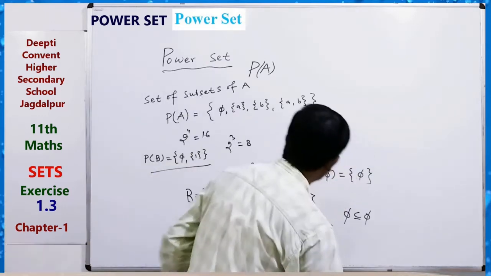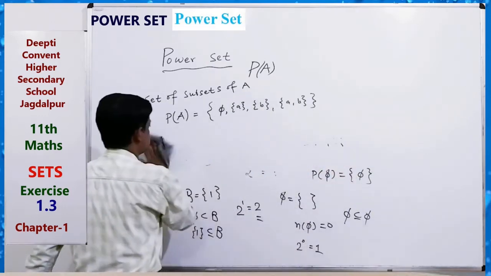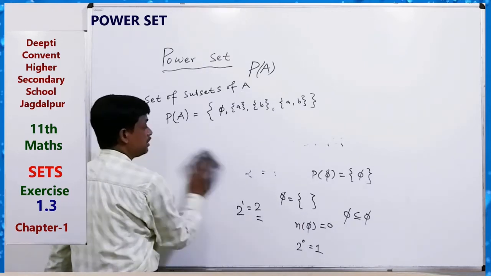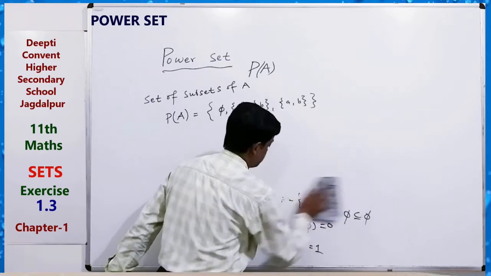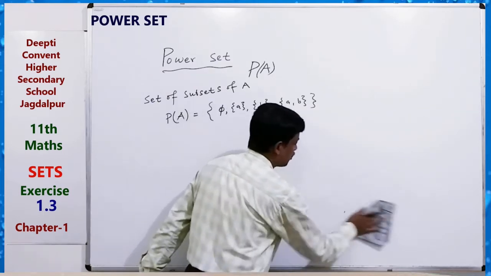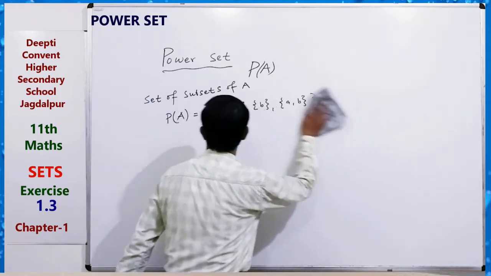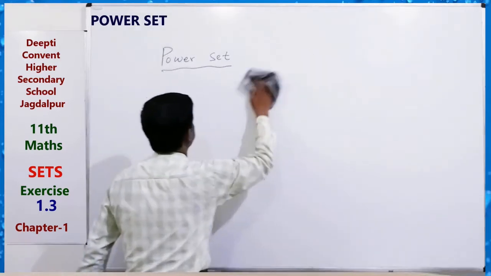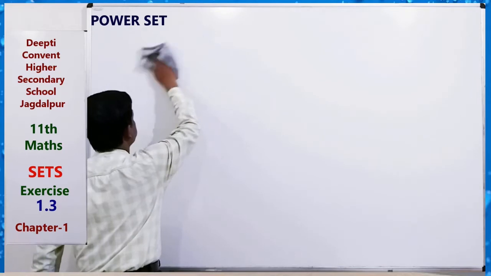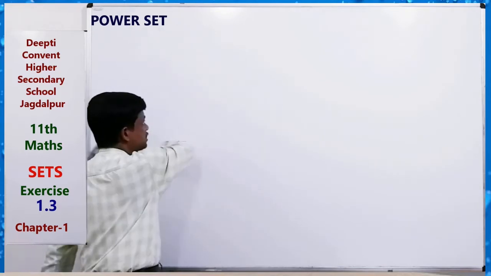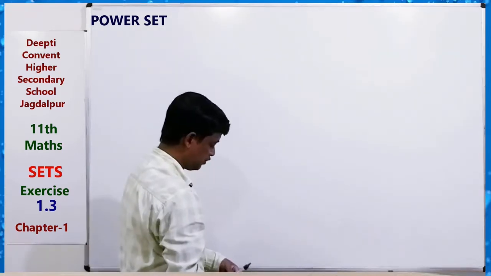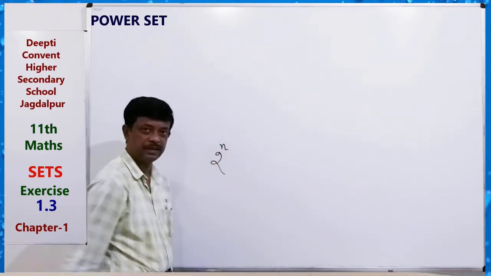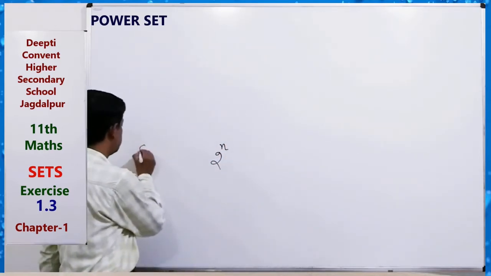What is the formula? 2 to the power n is the number of subsets of a set, where n is the cardinal number of the set, that is, the number of distinct elements in the set. Clear?